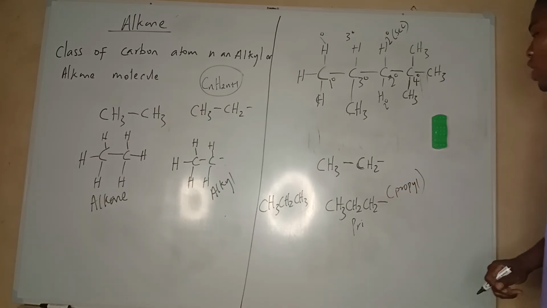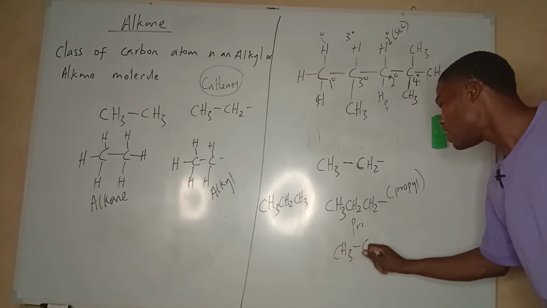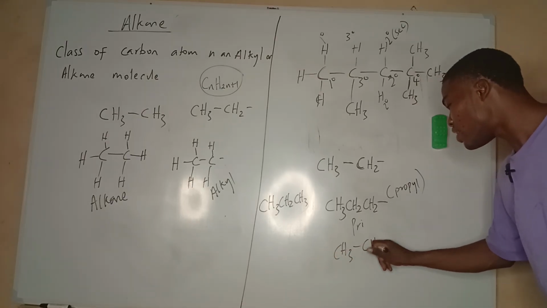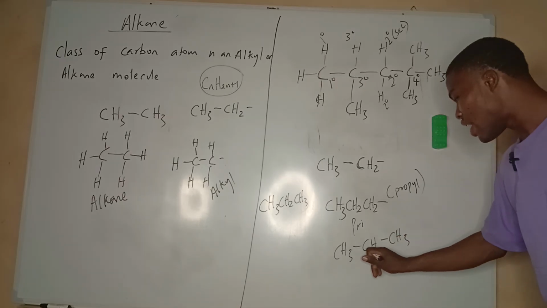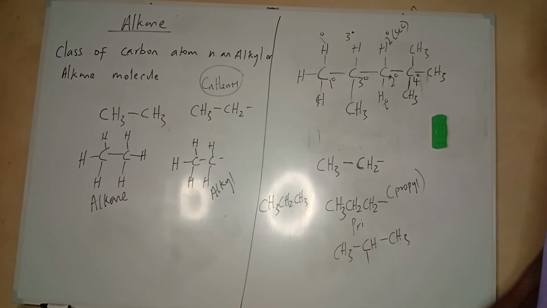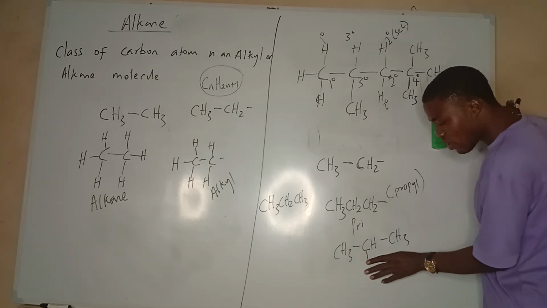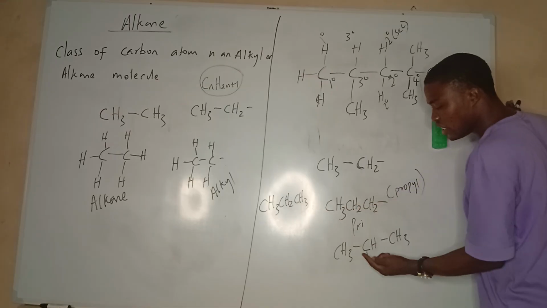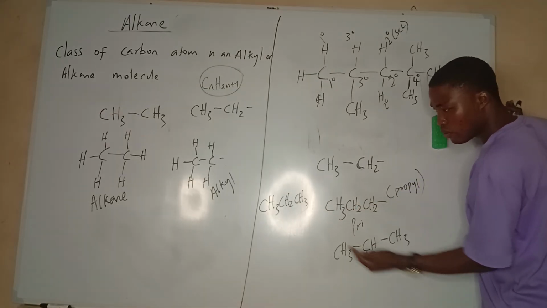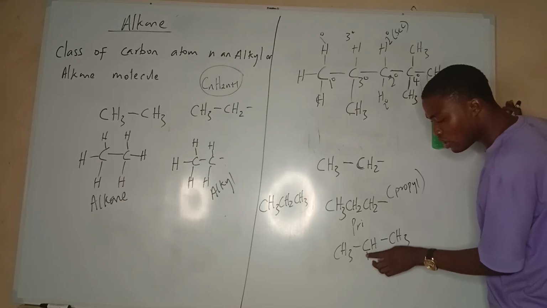Now we can have propyl like this. So let's see, CH3, we have C, now we have CH, we have CH3. Because this is the carbon making it an alkyl group, this is the propane, and this is the carbon that has lost hydrogen. So the middle carbon loses hydrogen.